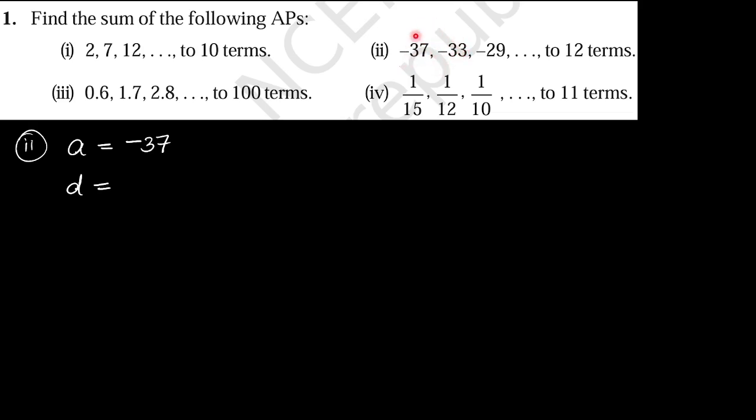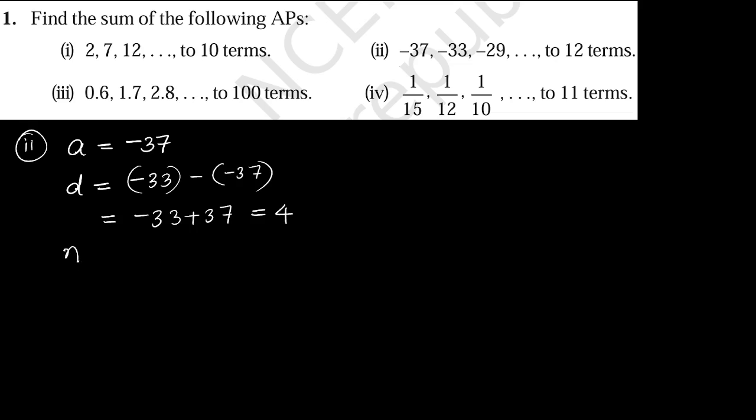Second term minus first term, right? Second minus first, which is minus 33 plus 37. Okay, this one is okay. 4. So I have written a, d.